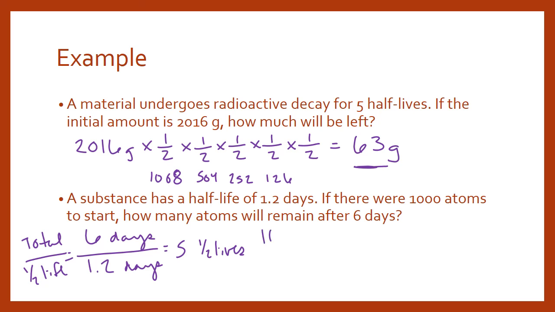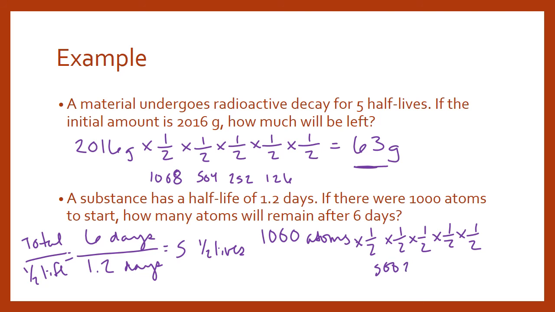I have 1,000 atoms to start with, and I'm going to multiply by half 5 times. There's 1 half-life, there's 2, 3, 4, and 5.